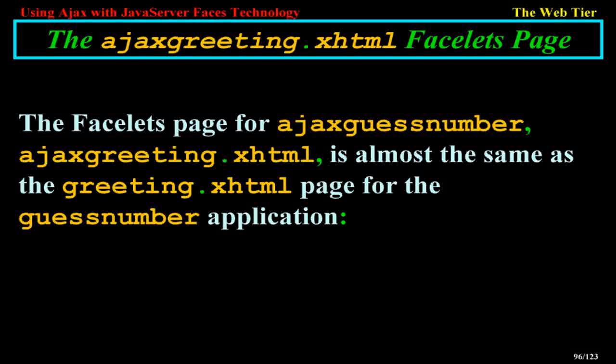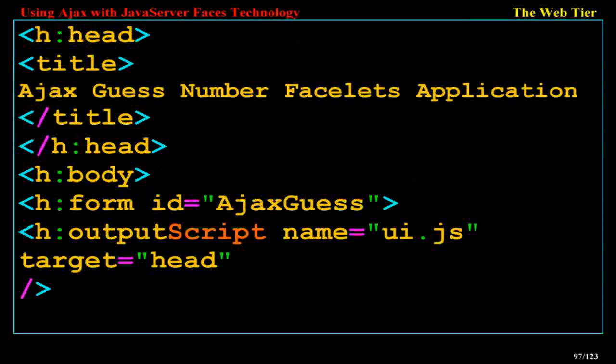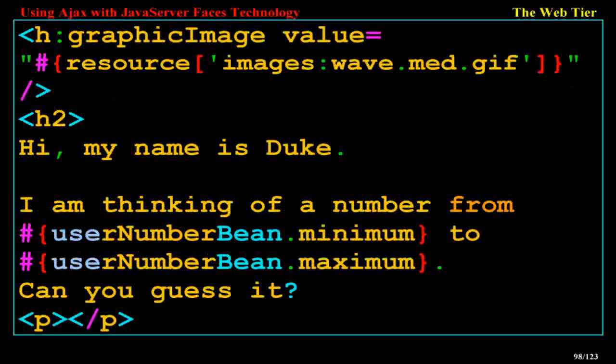The ajaxgreeting.xhtml Facelets page. The Facelets page for ajaxguessnumber, ajaxgreeting.xhtml, is almost the same as the greeting.xhtml page for the guessnumber application. <h:head> <title>ajaxguessnumber Facelets Application</title> </h:head> <h:body> <h:form id="AjaxGuess"> <h:outputScript name="ui.js" target="head"/> <h:graphicImage value="#{resource['images:wave.med.gif']}"/> <h2> Hi, my name is Duke.